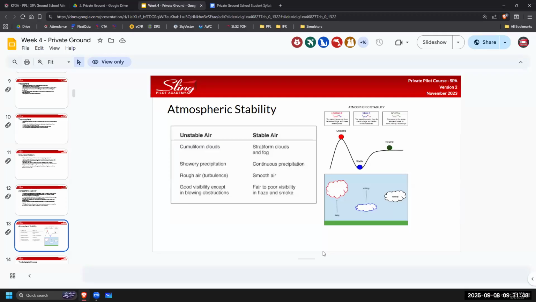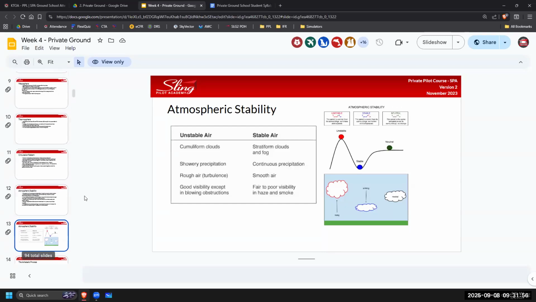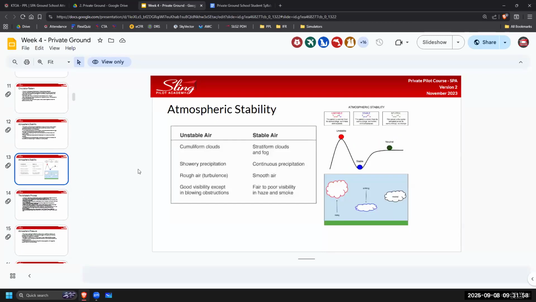And then stratus or stratiform clouds are really thin. Because that air is more dense and sinking, that creates a flatter, less vertically developed cloud. That's going to be the stratiform or the stratus clouds.